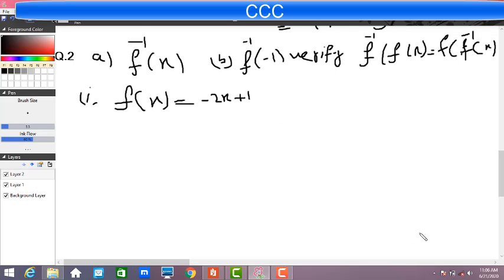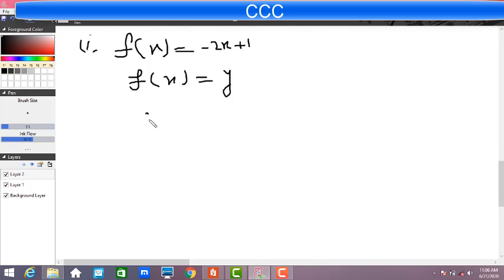So dear students, now we move towards the next question, in which we have to find the value of f inverse of x, and we are given f of x is equal to minus 2x plus 1. For this, we let f of x is equal to y. It means x is equal to f inverse of y. It will be considered as equation 1.